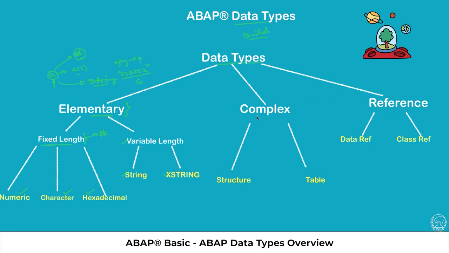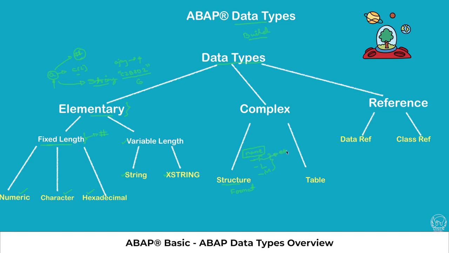Then there are complex types, where we define our own custom structure. For example, if we are building an application and we say name is a particular structure, the name should contain the first name, the last name, and the middle name. These 3 things are separate strings within the name structure. So we can have our own format as a structure, and this format can contain individual predefined elementary data types, or any individual field can again be a structure.